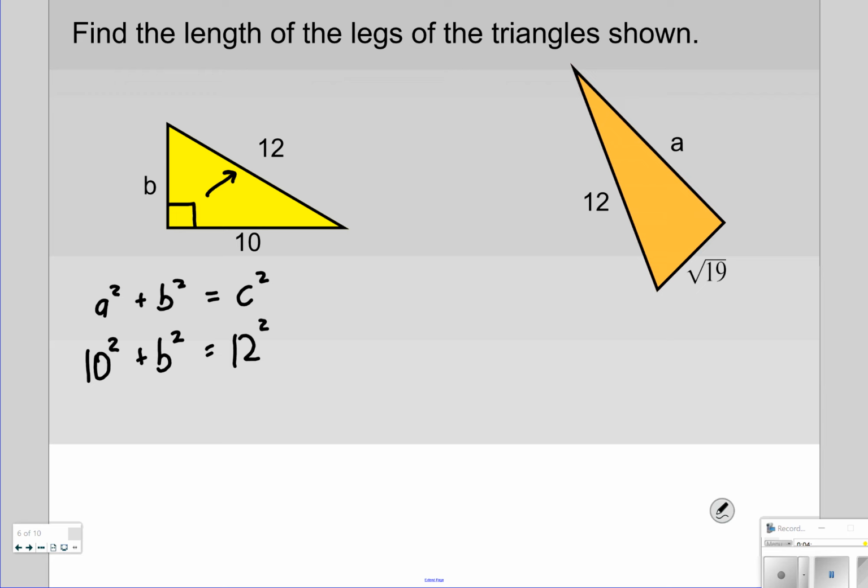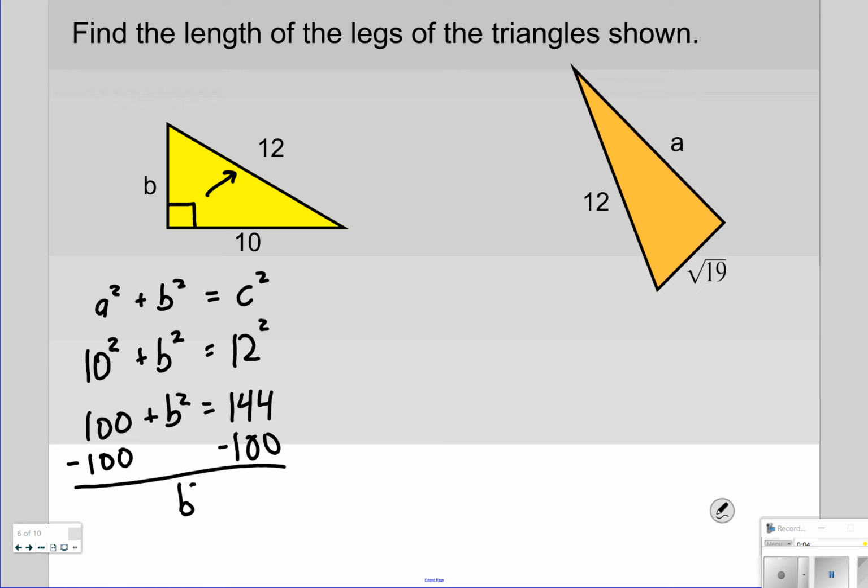Now I'm going to solve this. 100 plus b squared equals 144. And this time, like any other problem that I'm solving, I need to isolate that variable that's squared. B squared equals 44. And now to find out what B is, I take the square root of both sides.